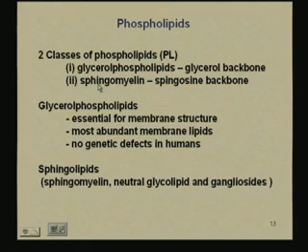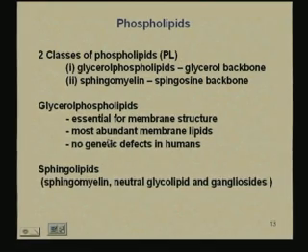We have sphingomyelin that forms from a sphingosine backbone, and this actually forms a lot of the membrane. Each of these will form a lot of the membrane, and these phospholipids are usually referred to as PL.